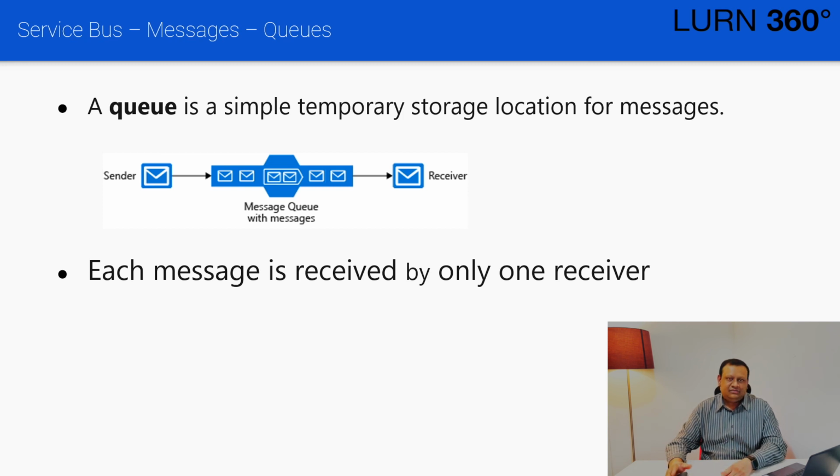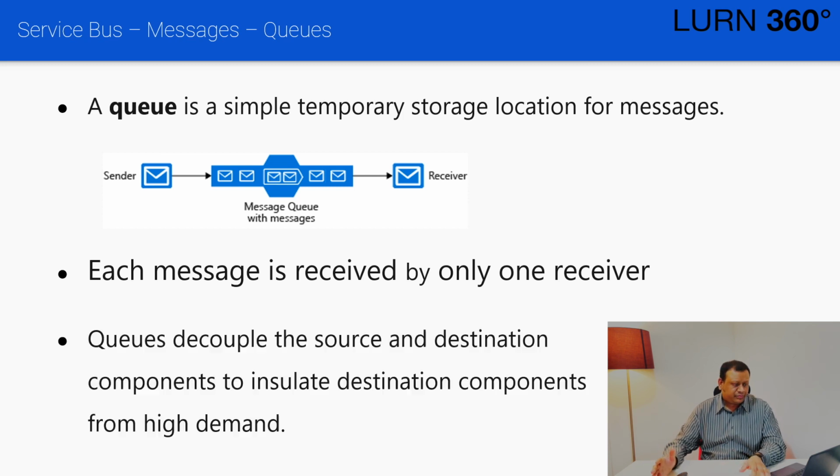Each message is usually received by only one receiver. There are other ways and means to achieve multiple receivers with queues as well, but typically and most usually, there is only one receiver for messages in one queue. As we just said, what the queue does is decouple the sending system from the receiving system. They don't have to know the state of each other.